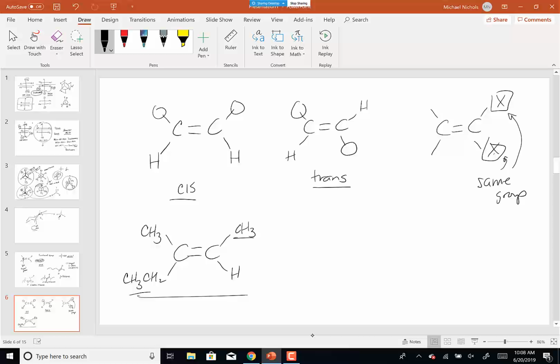Those were the rules that we used, I think it was just yesterday, or the day before, or it was on Tuesday, right? The Cahn-Ingold-Prelog sequence rules were the ones that let us go number 1, number 2, number 3, and number 4 for priority groups.